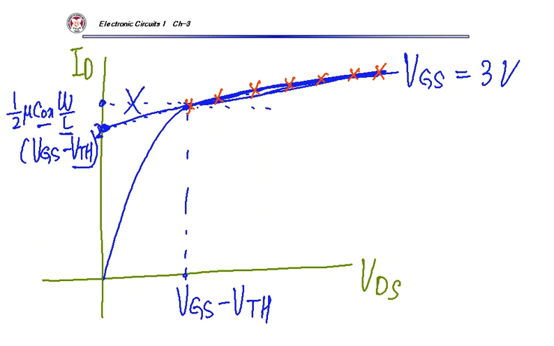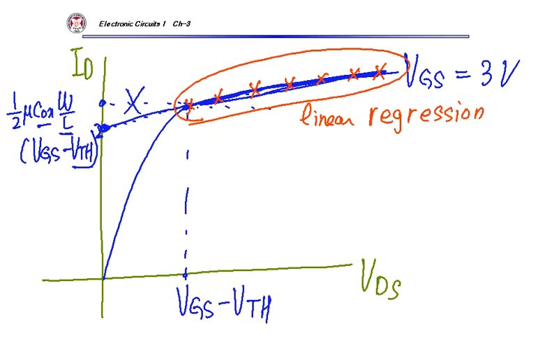Then by using some linear regression on those curves, you can find the intercept, or you can find the slope. So what's the slope?